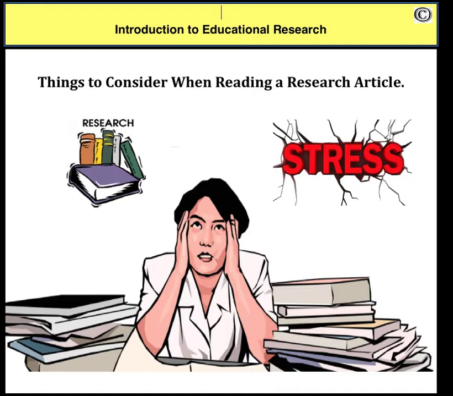Now, an email should have been sent to you with a piece of research titled Prompting Bar Patrons with Signs to Take Free Condoms. You will need to have a hard copy, a printout of that article in front of you before you watch this video. If you do not have the article in front of you, but you've printed it out, I suggest you put the video on pause and go and get the article and then come back and turn the video back on.